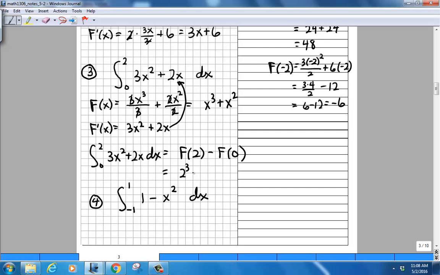That's going to be 2 cubed plus 2 squared. And we're subtracting off from that 0 cubed plus 0 squared. So I'm not subtracting off very much, I'm only subtracting off 0. My area turns out to be just 2 cubed plus 2 squared. So that's 8 plus 4, which is 12.